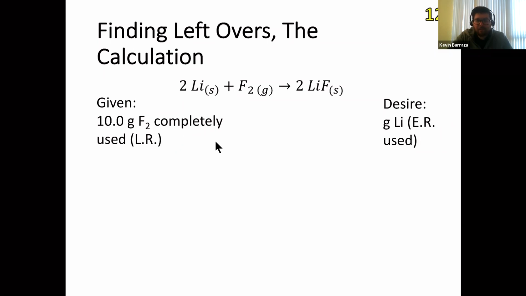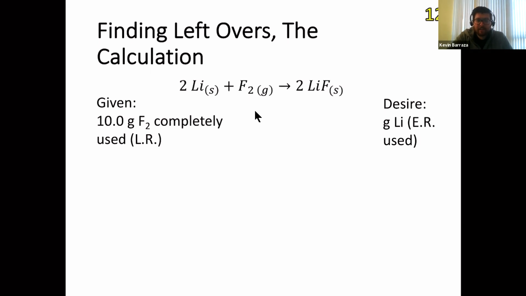So that's basically the rationale for what we're doing. We're going to take the amount of limiting reactant that we have, and we're going to see how much of the excess reactant I need to combine with it. From our previous calculation, we've identified the amount of product, and we've identified the limiting reactant.